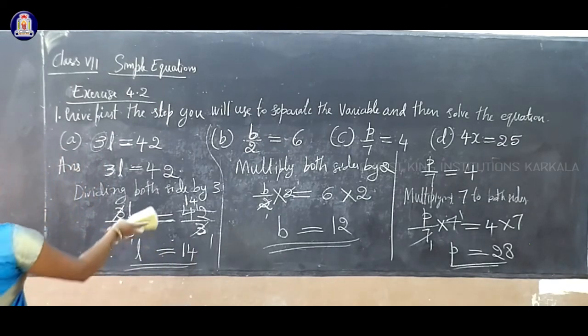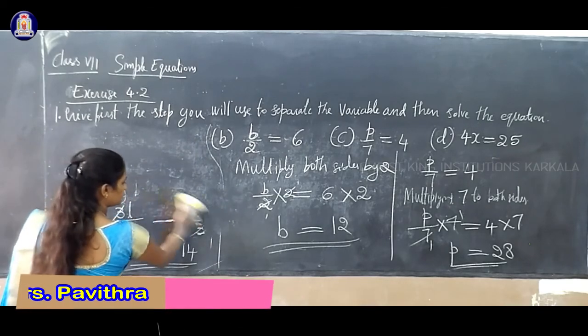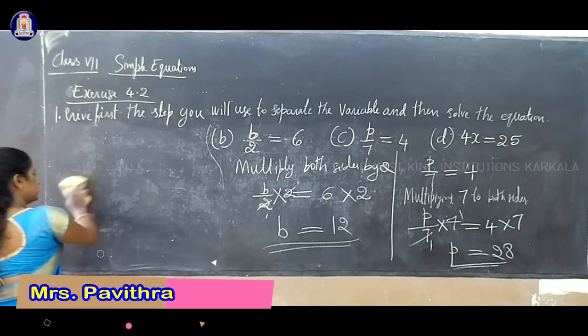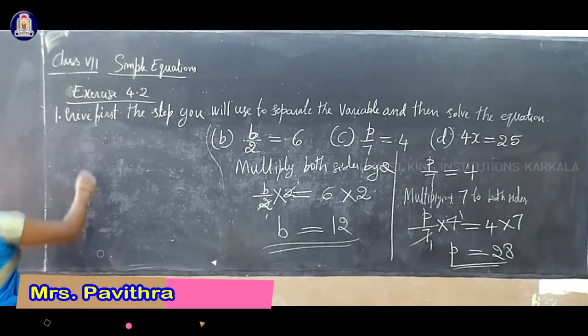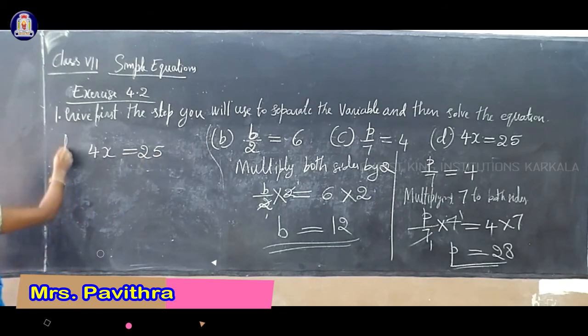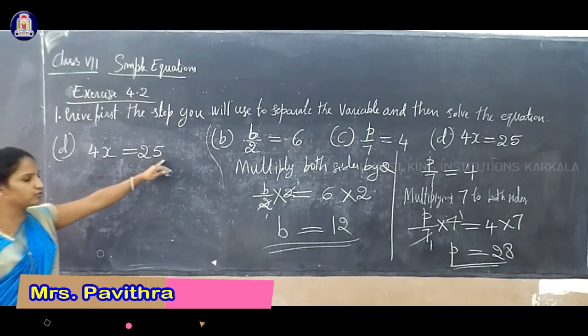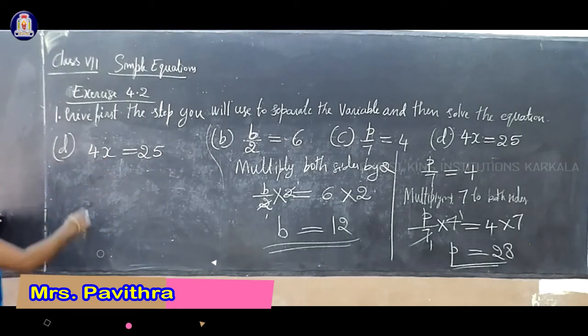Now the fourth question is 4x is equal to 25. See the question, 4x is equal to 25. Along with the variable there is a number, that is 4. So 4x is equal to 25. Now we have to separate the variable.